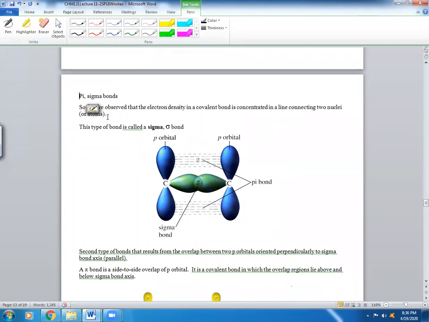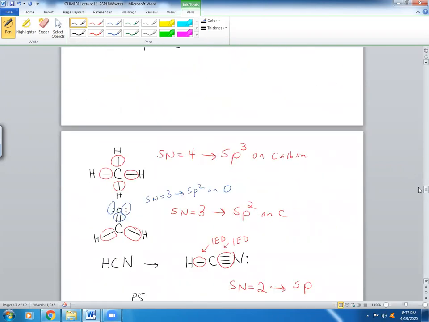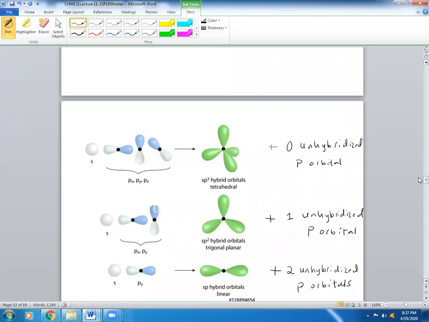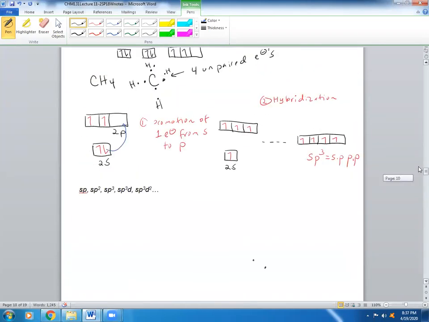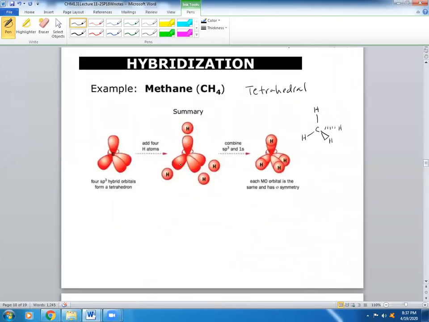So far, we have observed that the covalent electron density is concentrated in a line connecting the nuclei or atoms. We've seen this before. So here, all we can do is just go back. Right here. Here it is connected.